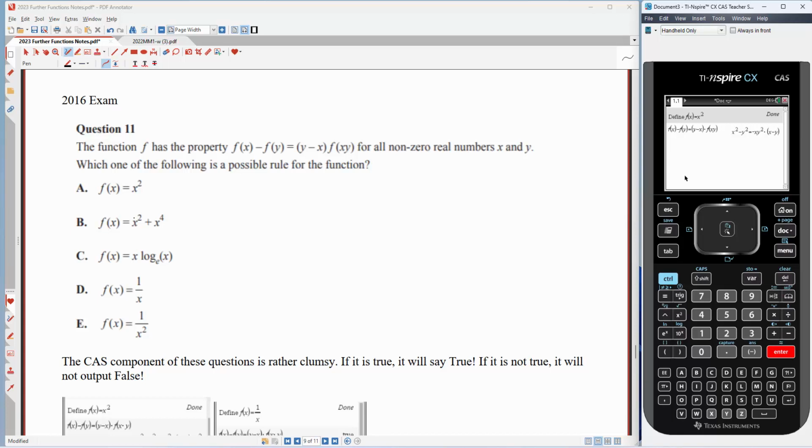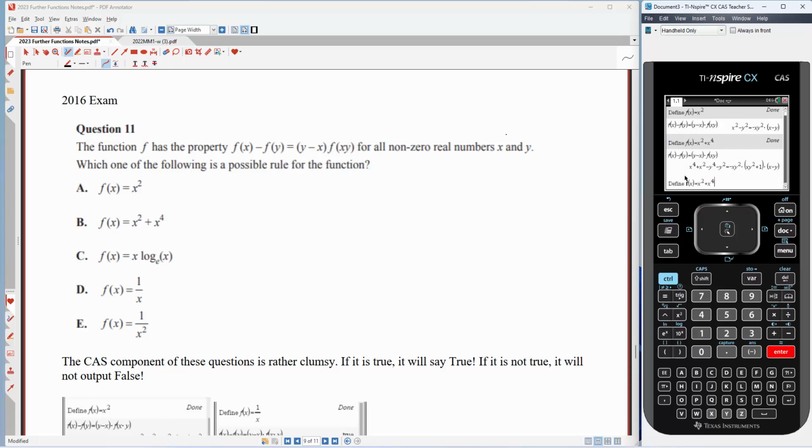So imagine I tried it for f of x equals x squared plus x to the 4. I redefine the function, ask the identity again, and all it does is spit it back out to me.